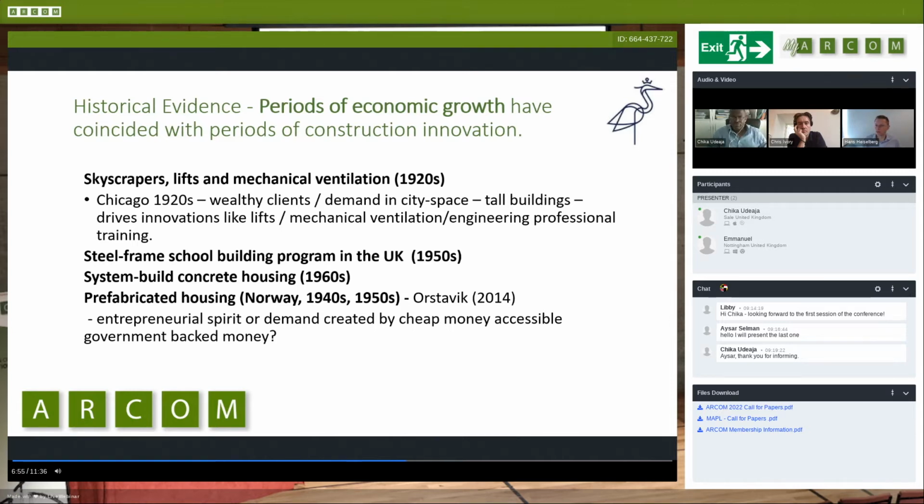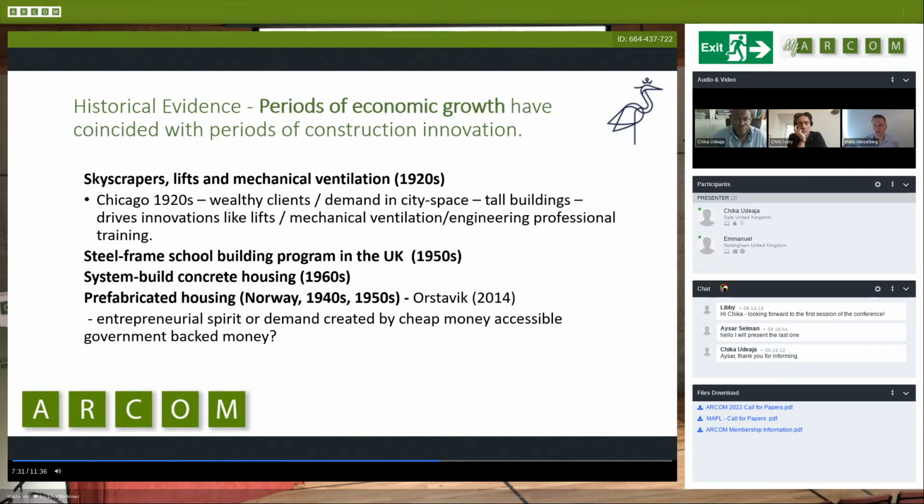Demand for city space led to a logic of tall buildings, but also to some extent clients had money to spend: let's build high. That drives innovation in things like lifts and mechanical ventilation, and even ultimately creates the engineering professions as well. So it's from things like mechanical ventilation that the engineering professions and training begin to be drawn. So they're creating the professions as well. So demand, economic growth, ultimately leading to innovation and to professions.